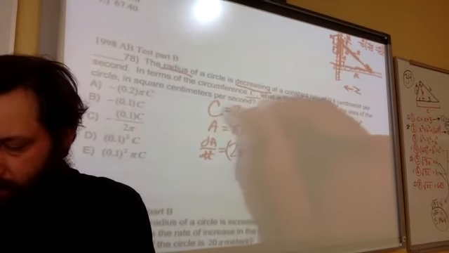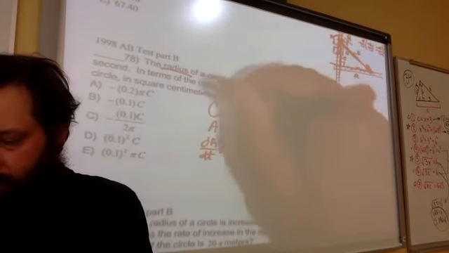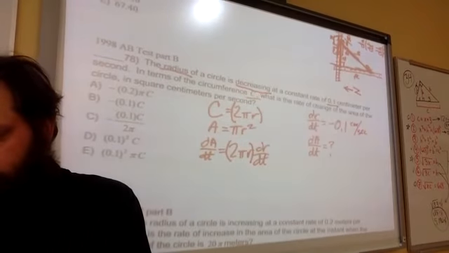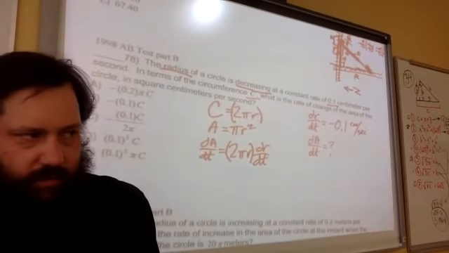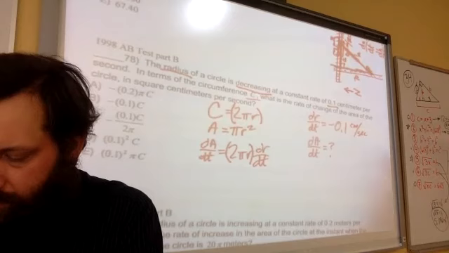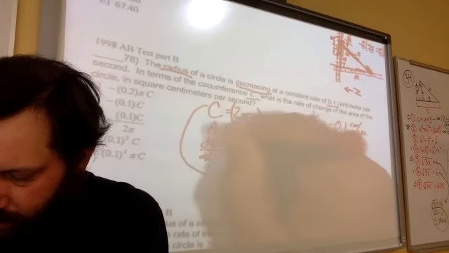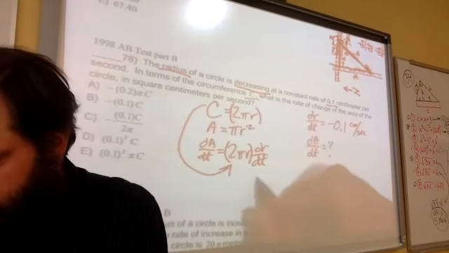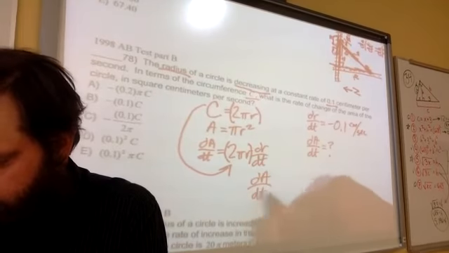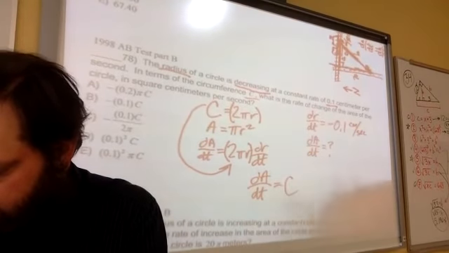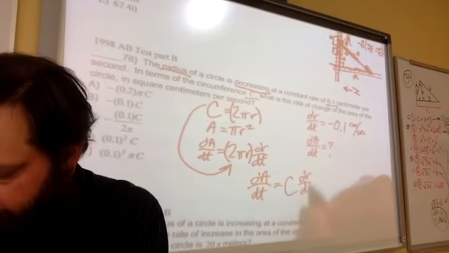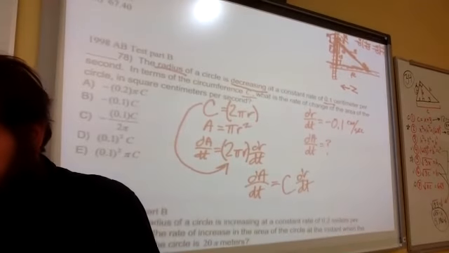This is C. So just substitution. So dA/dt equals C dr/dt. And I'm moving on.